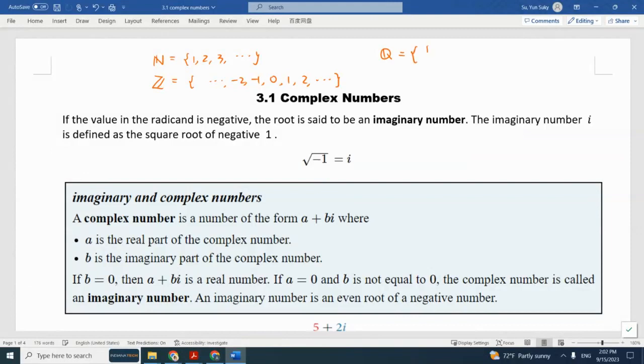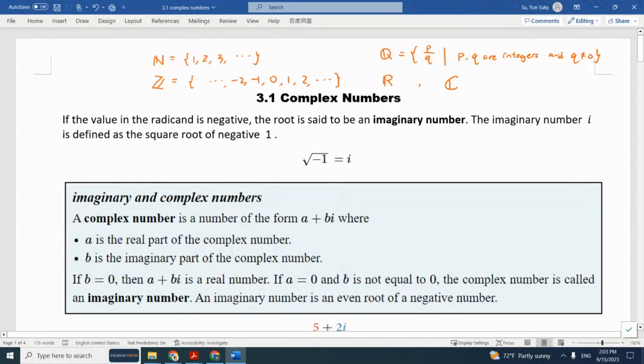Rational numbers are in the form of p over q, such that p and q are integers, and q is not 0. That's rational numbers. What's the next set of numbers bigger than that? Yeah, irrational numbers and rational numbers together give us real numbers, right? The one bigger than real numbers is the complex numbers.